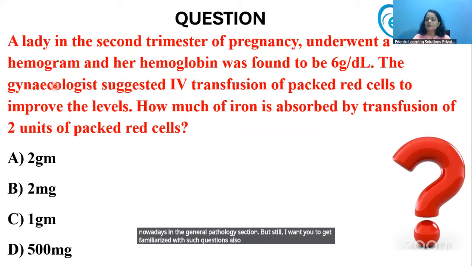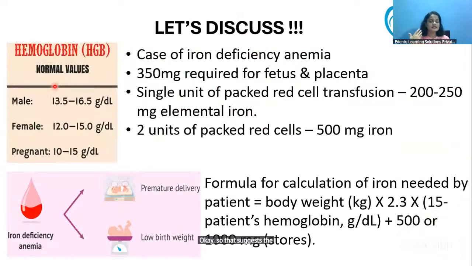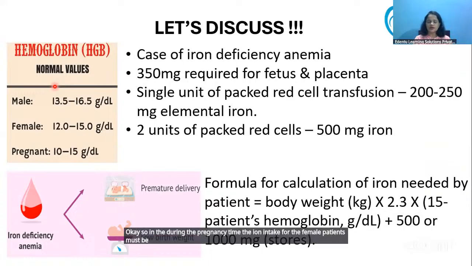The hemoglobin was only 6 gram per dl, so that suggests it is a classic case of iron deficiency anemia. During pregnancy, the iron intake for female patients must be higher, and if the hemoglobin level goes below 10, then we can suspect a case of iron deficiency anemia.